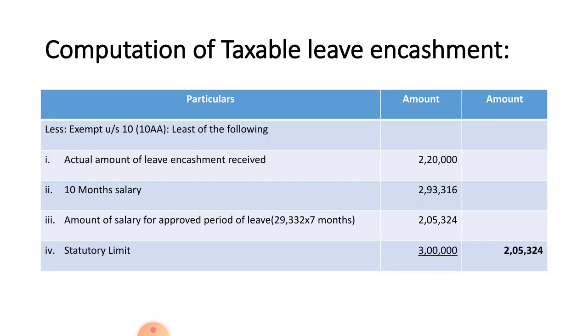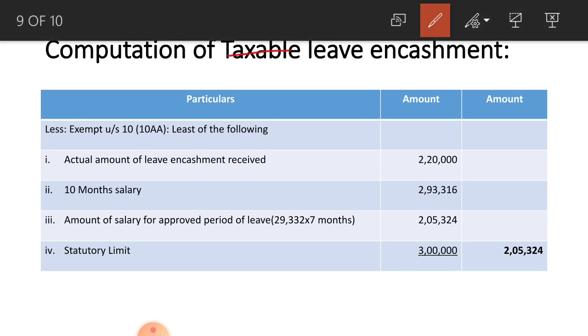See the calculation of exemptible leave encashment. Actual amount of leave encashment received, given in the problem, 2,20,000. 10 months salary you already calculated in the previous slide, that is 2,93,360.